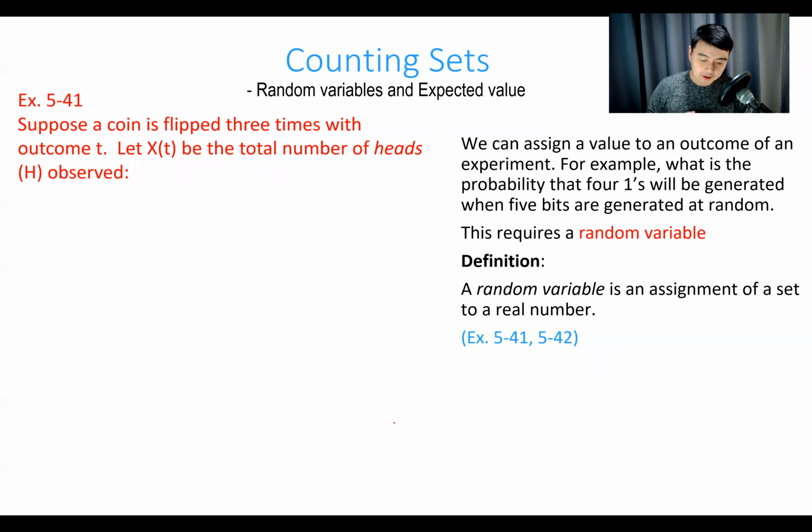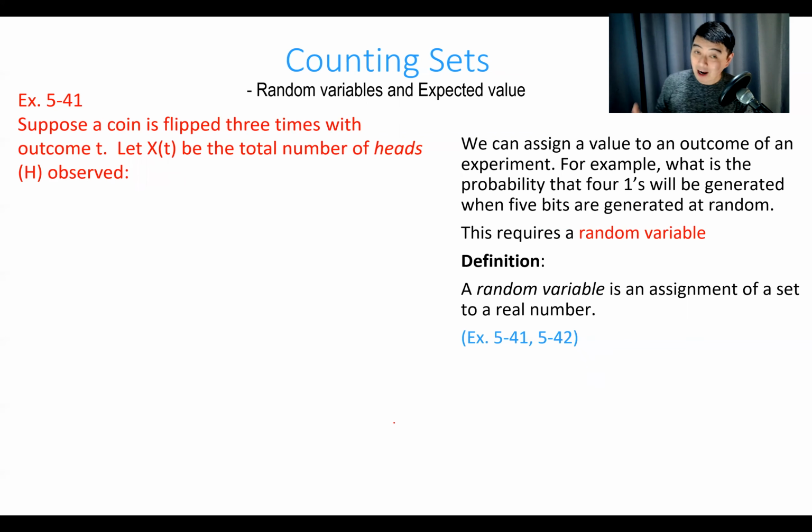Oftentimes, we are confronted with problems where we need to assign some value to some experiment or to some experiment outcome. So, for example, let's say that when I flip the coin 3 times, I want to assign a function, we'll call it x of t, that is talking about how many heads are observed when I make the flip.